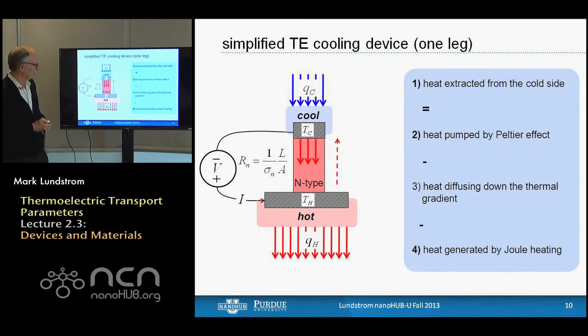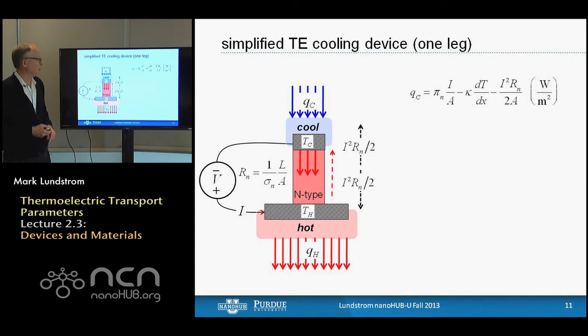But it's smaller than that, because once the bottom side gets hot, heat will diffuse from the hot side to the cold side and subtract from that. So we have to subtract the heat diffusing down the thermal gradient. Now we also have these I squared R losses in the N leg itself. That will generate heat in the N leg. Half of that will flow back to the cold side, so we have to subtract that out as well.